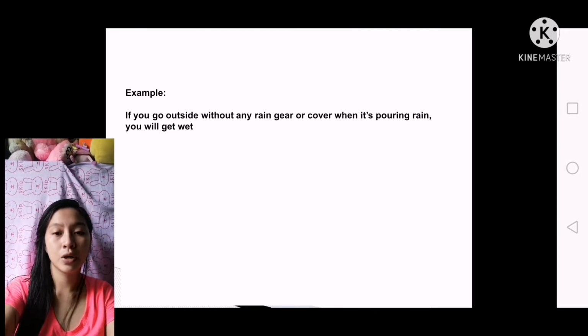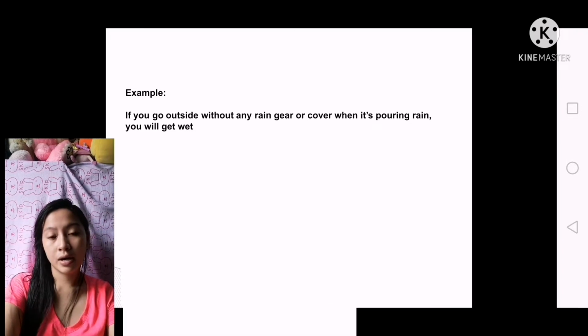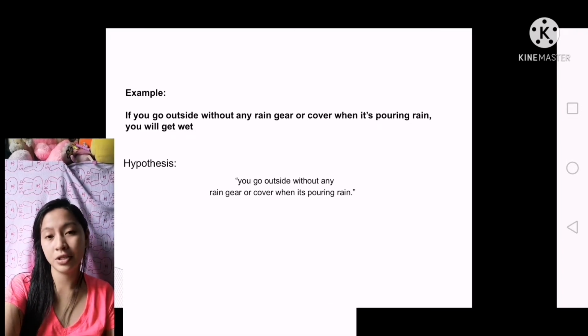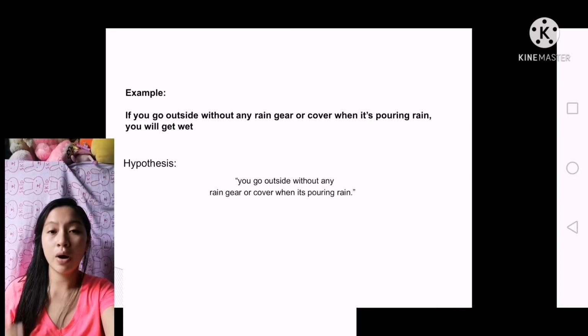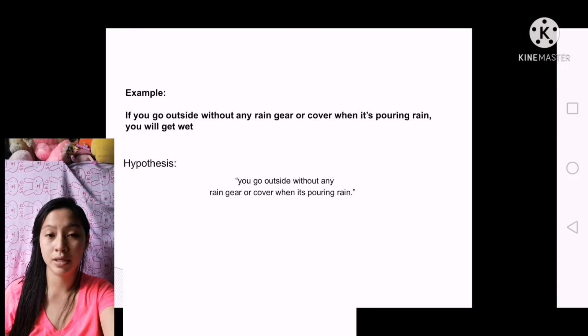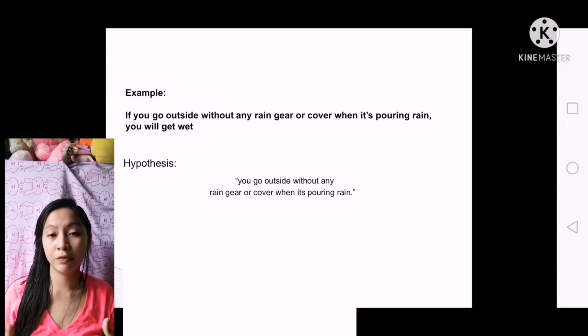So our hypothesis in this logical statement would be: you go outside without any rain gear or cover when it's pouring rain. That would be our hypothesis. Remember that the hypothesis must be completely true before we can use the statement to infer anything new from it.